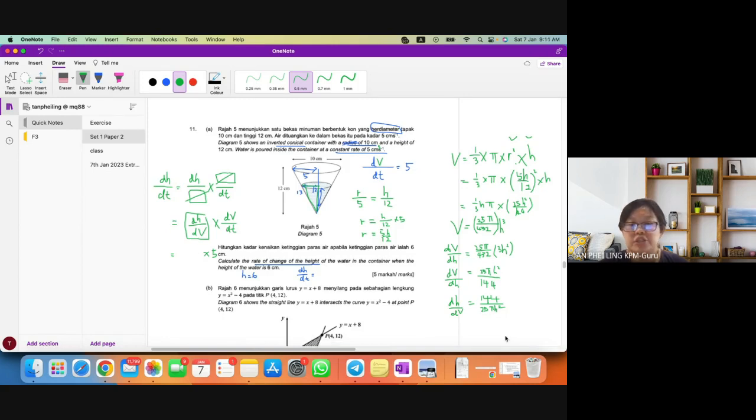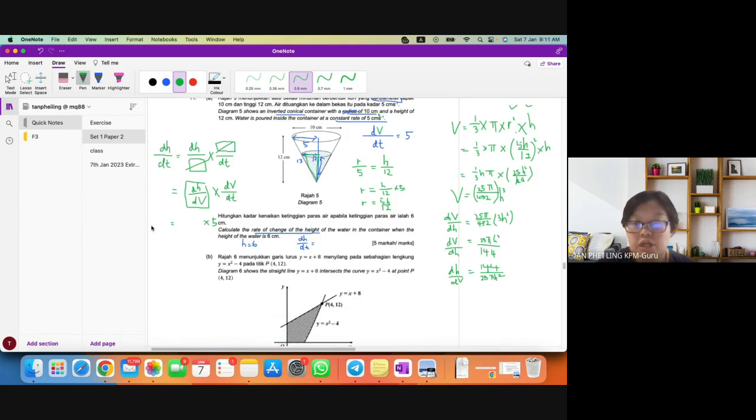So now to substitute it inside here, dv dh. Okay. So you can do it by 144 over 25 pi h square. Okay, good.